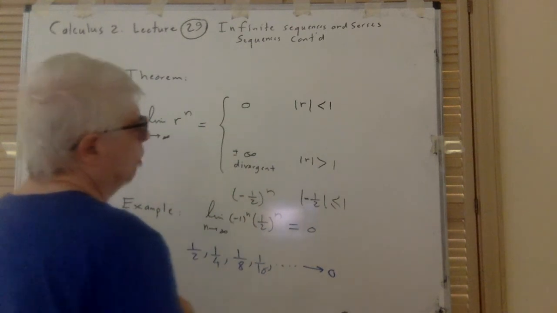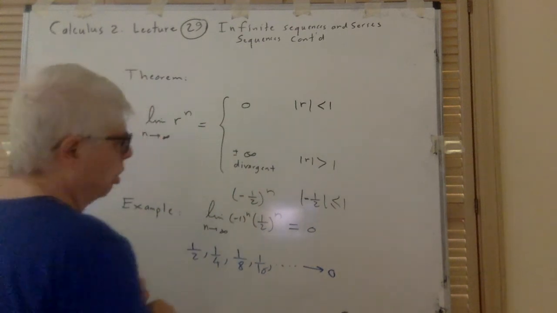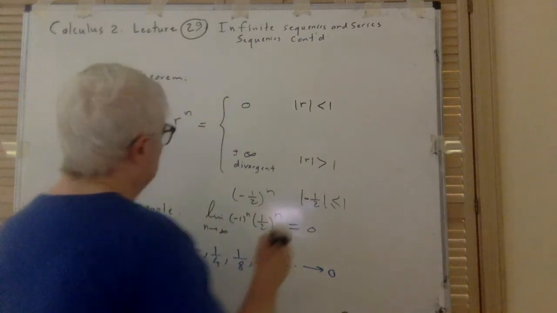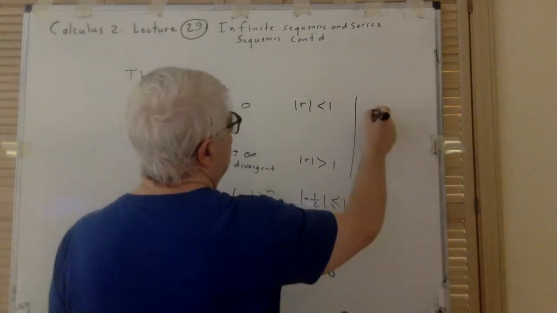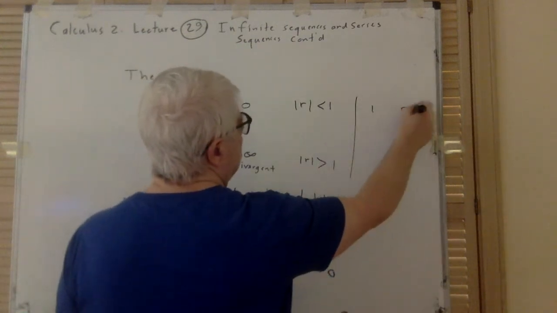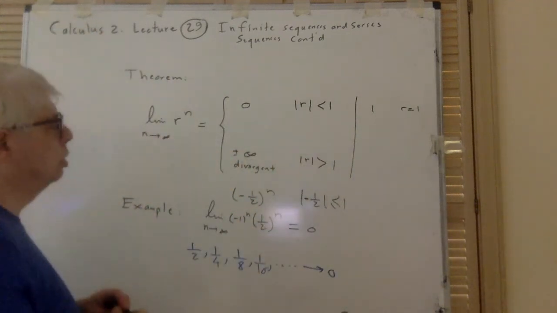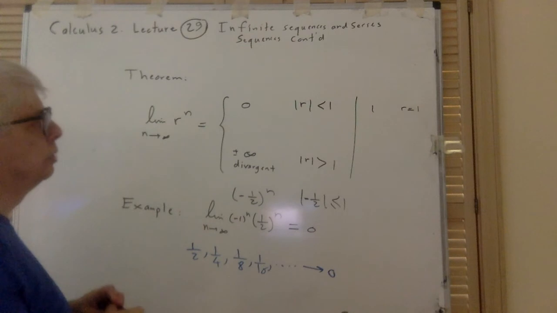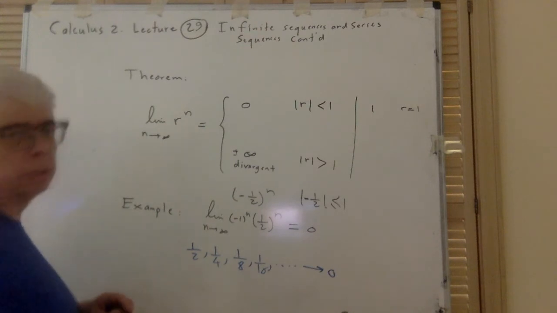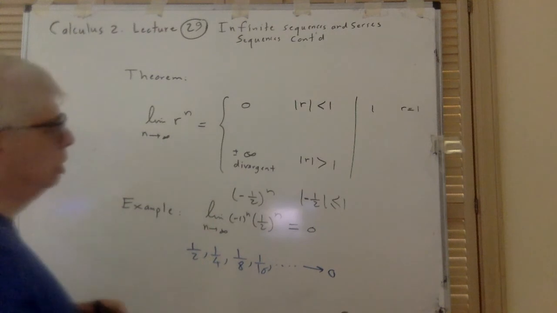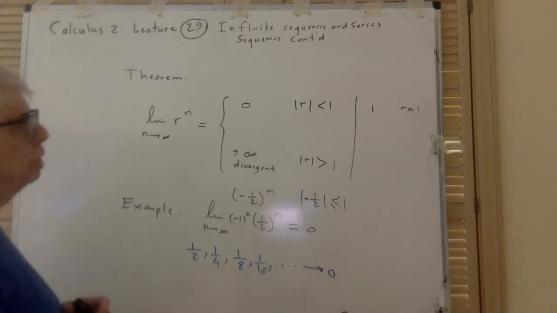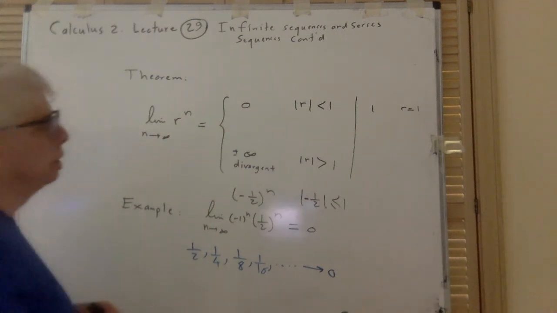What happens if r is 1? When r equals 1, the limit is simply 1. And for r equals -1, the limit does not exist. That's just amazing, that for r equals -1 it does not exist.